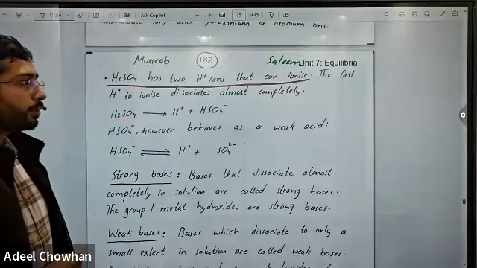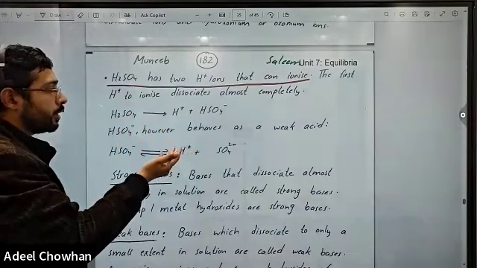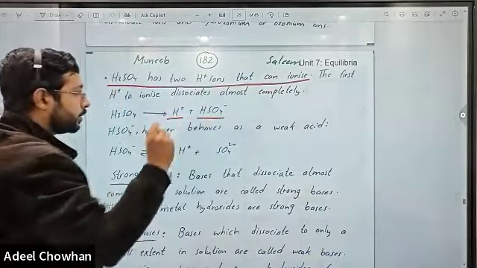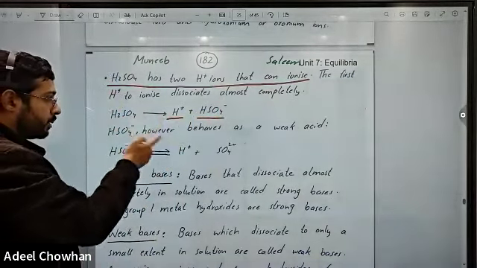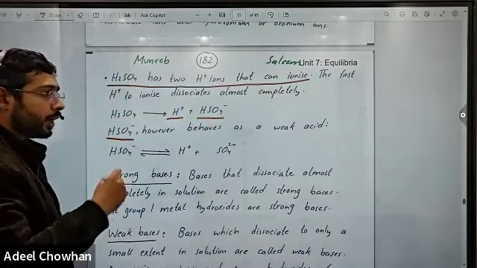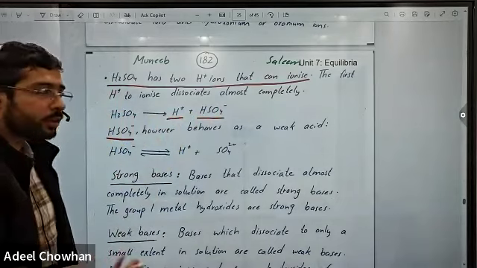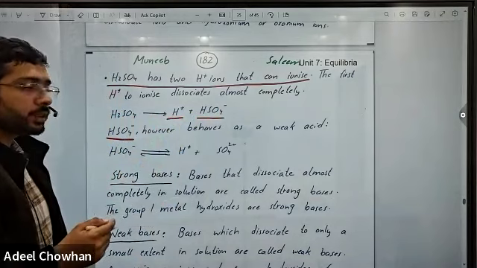So in this example, we can see that sulfuric acid is being completely converted into the hydrogen ions and the hydrogen sulfate ions. Whereas the hydrogen sulfate, which is produced as a result of this reaction, has weaker acidic properties as compared to the sulfuric acid. And how is it shown?